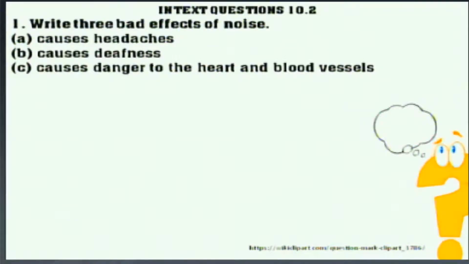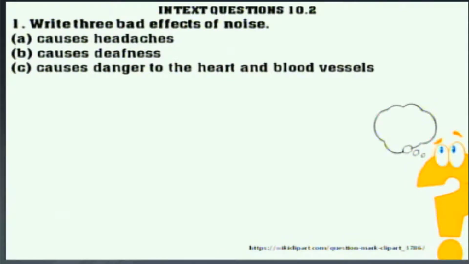Now, in text question 10.2, this part was a little shorter. Write the 3 bad effects of noise. You know the bad effects of noise very well. Yes, it causes headaches. When you are exposed to loud sounds, you experience headaches. It causes deafness. We have discussed it many times since the beginning of this lesson that noise may cause deafness.